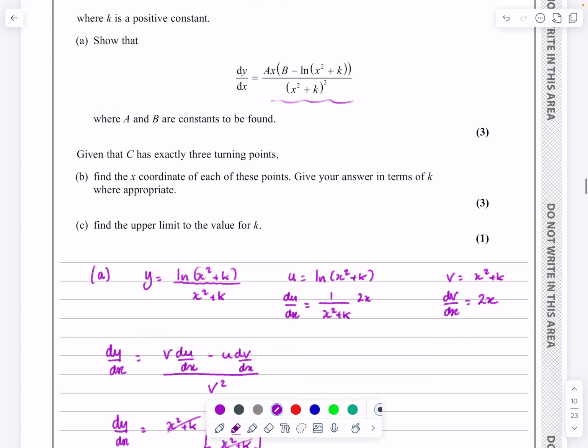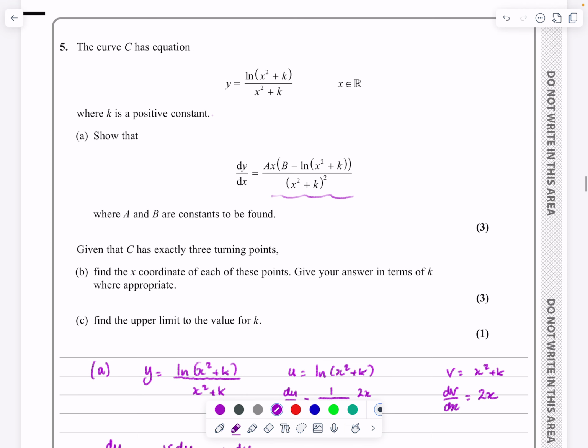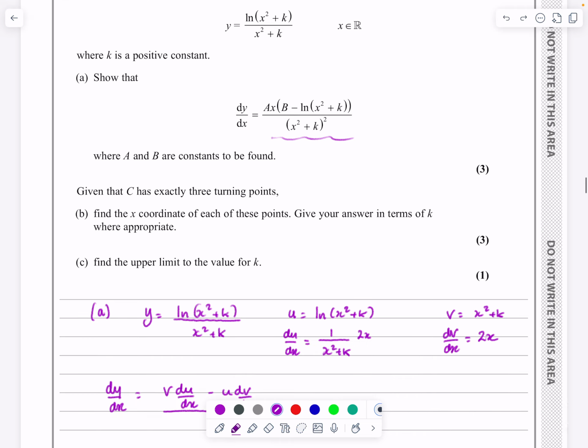For part C, what did part C say? So part C says find the upper limit to the value for k. So find a range of values that k can be, in effect. Now remember, k is going to be a positive constant, okay? And then let's have a look at these.